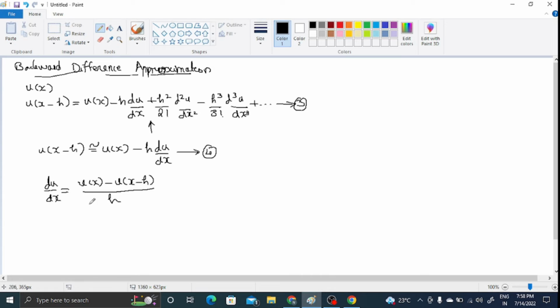I am repeating, u of x is the current point, u of x minus h is the previous point. So we can replace it with respect to the data position, and write this equation as du by dx is equal to ui minus ui minus 1 divided by h.